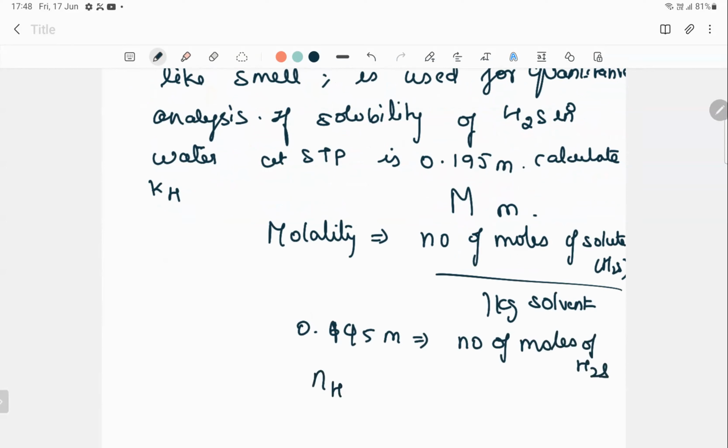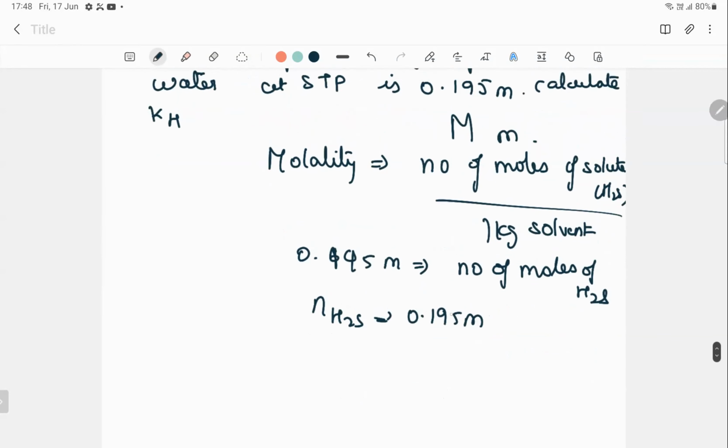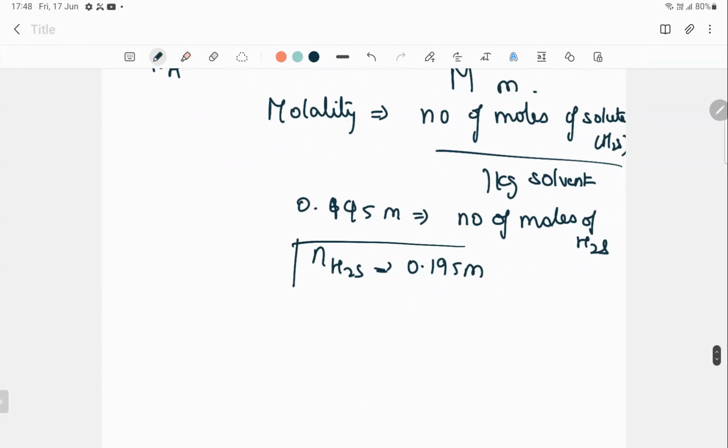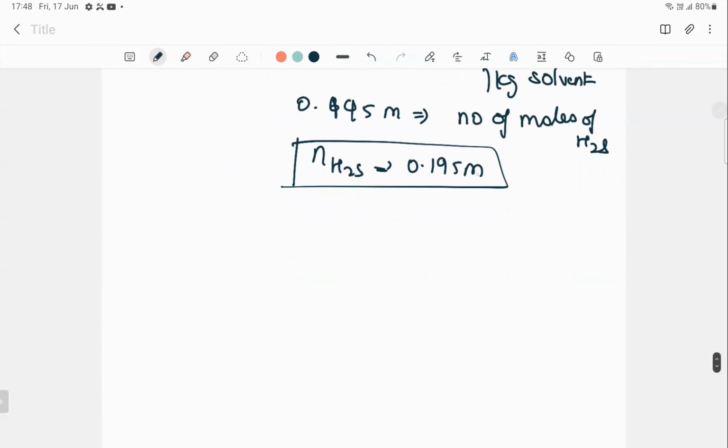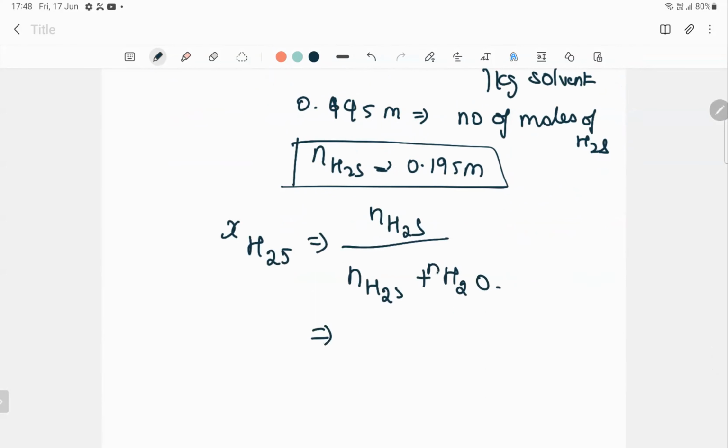So the number of moles of H2S is 0.195. Next, the mole fraction of H2S is equal to number of moles of H2S divided by number of moles of H2S and water. So 0.195 divided by 0.195 plus 55.5.